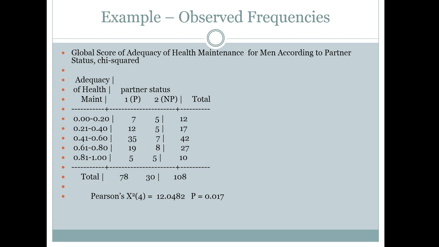And the reason why I emphasize this is that remember the formula for the chi-square statistic is the observed minus expected frequency, you square that, and then you divide it by the expected frequencies.